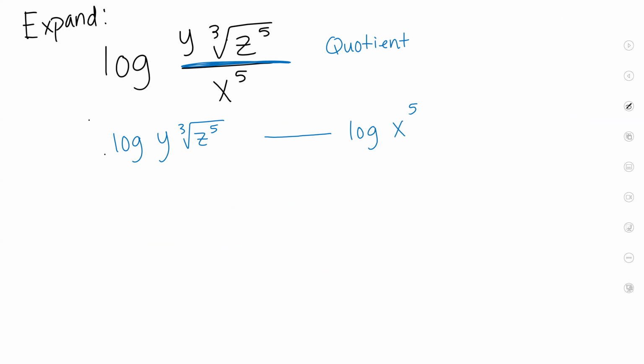All right. Now let's look at this front one. I have these two being multiplied, so I'm going to split it up. This is the product property. So I'm going to say log y plus log root 3 z to the 5th. And then don't forget we're subtracting log.